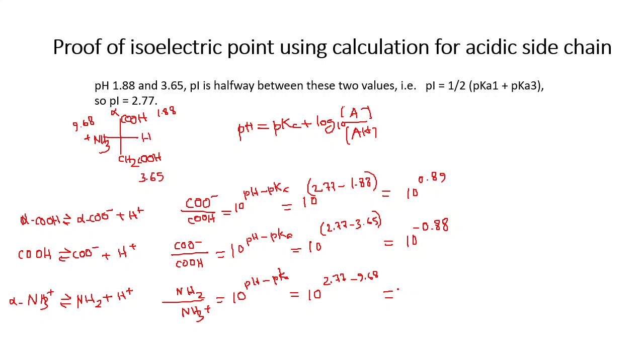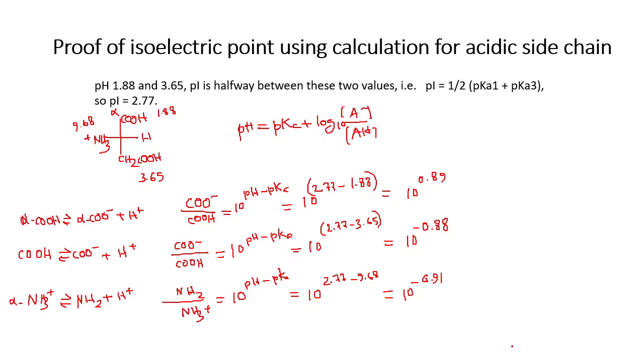See how much that is. 2.77 minus 9.68 is minus 6.91.